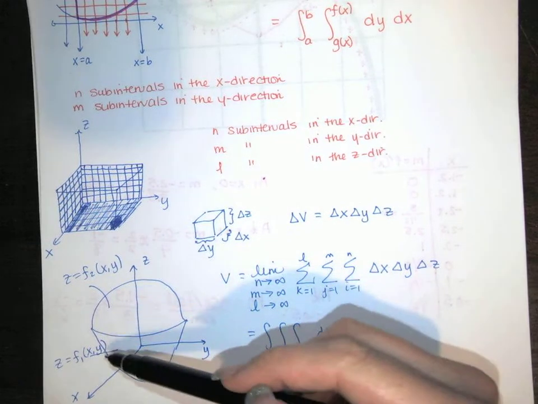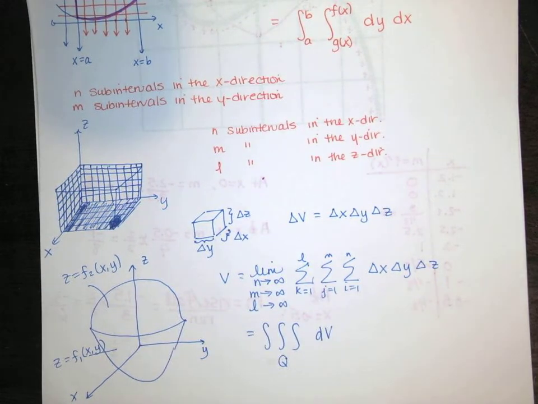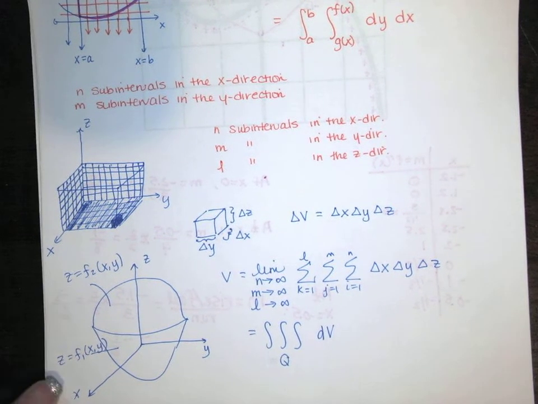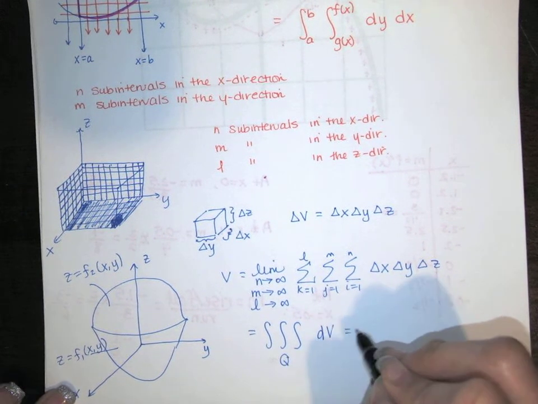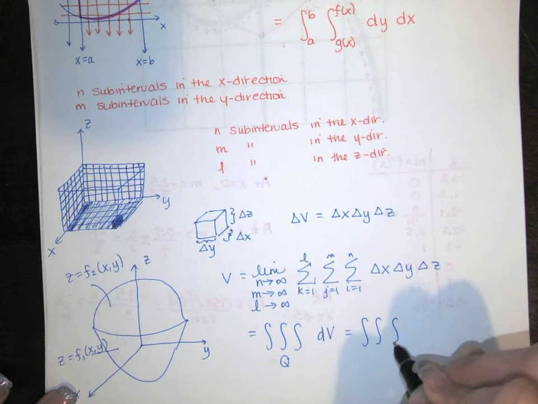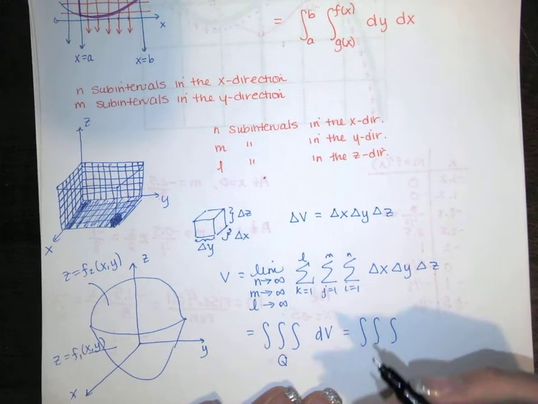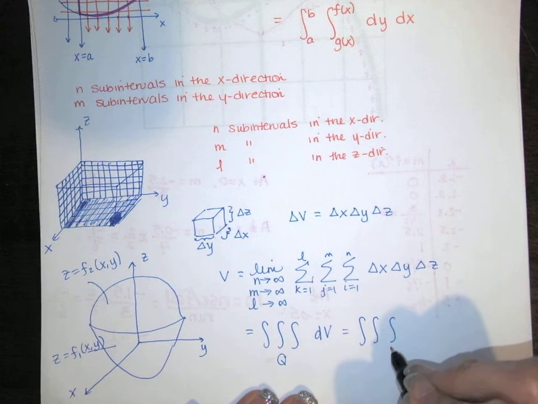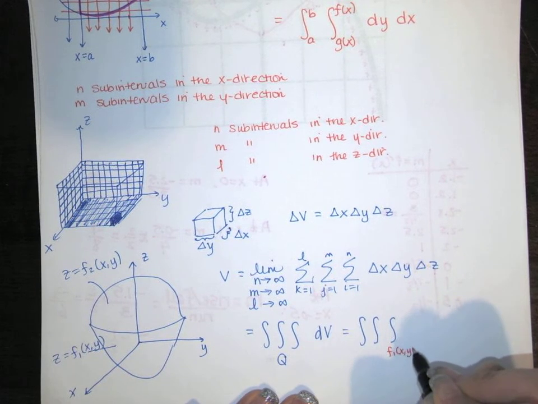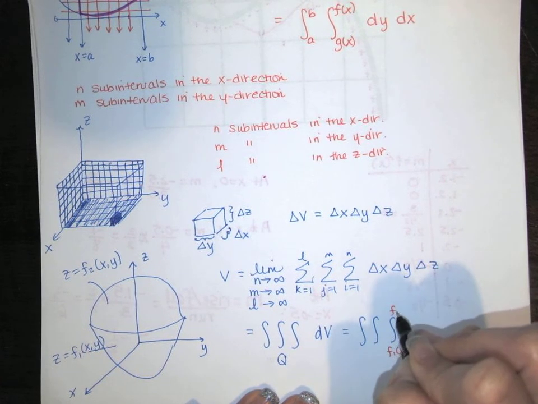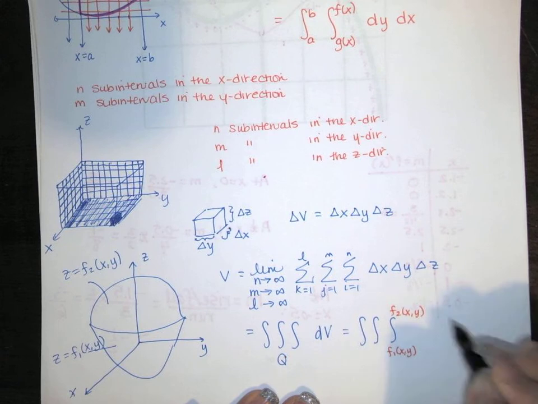So z is going from this function to this function. In practice, when I'm evaluating this double integral or triple integral over Q to find volume, usually this is what it looks like. z is going from a bottom function to a top function. So it's a smaller value of z to the larger value of z.